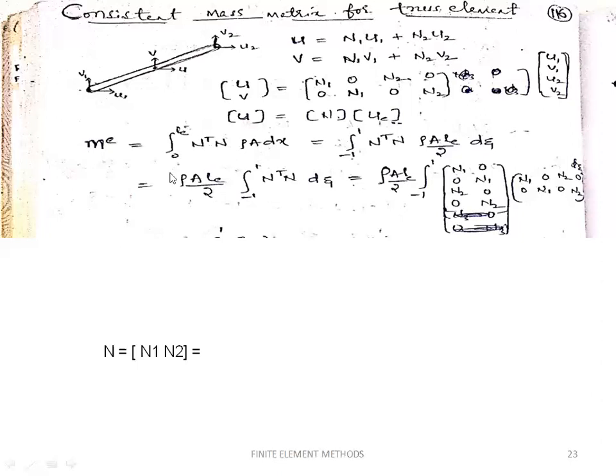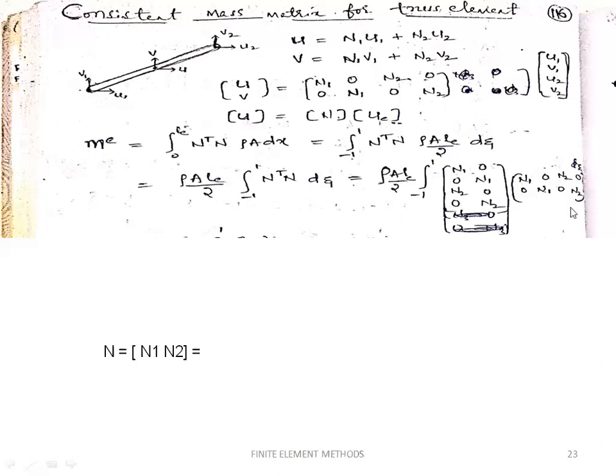Now we take the constants outside of the integration, that is rho into a into Le by 2, and therefore the integral from -1 to 1 of n transpose into n into d zeta. Here n is the shape function matrix. If you take the transpose of this n, then it is possible to write n1 0, 0 n1, n2 0, 0 n2.